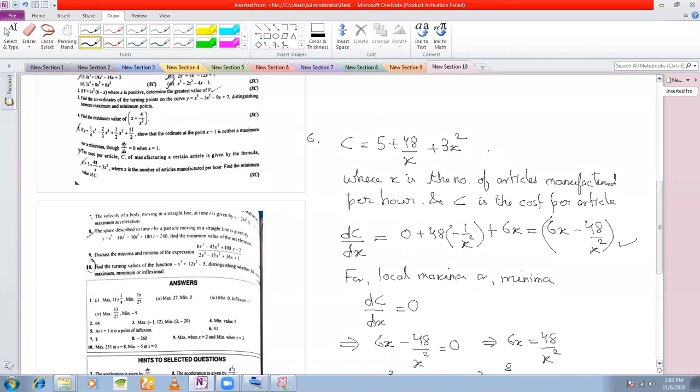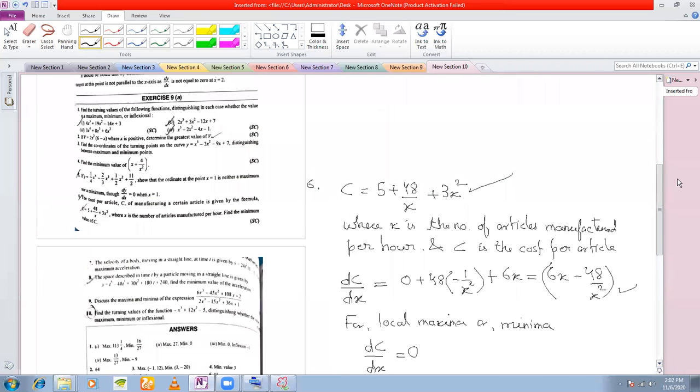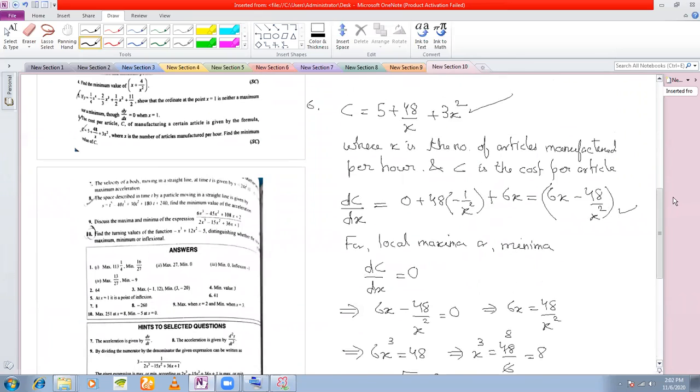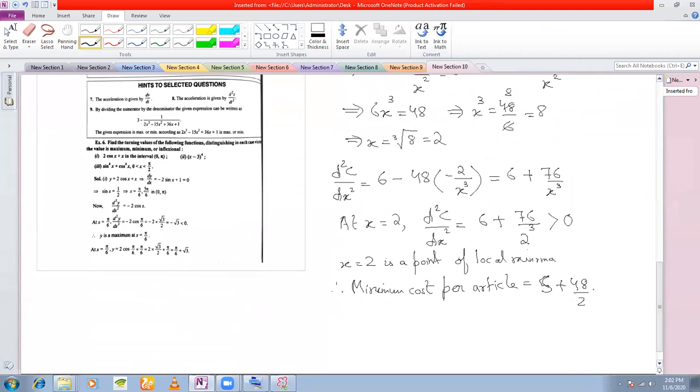So what should be the minimum cost? Put x equal to 2 in the function given. Minimum cost per article is 5 plus 48/x plus 3x square.